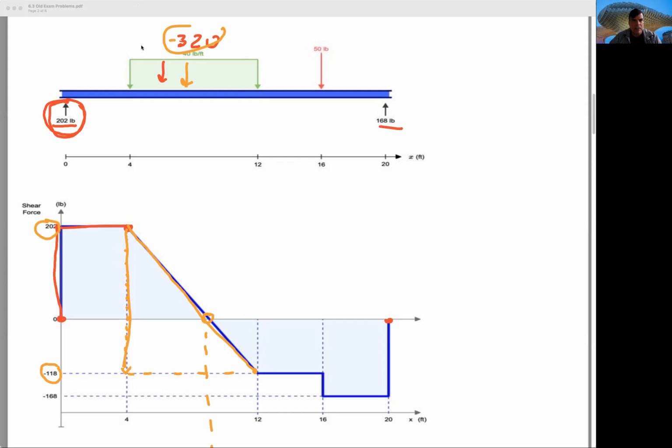I will do that in green color, and therefore I go with a straight line. Thereafter, we have a force that I will color code in red. We need to go 50 pounds down. We used to have 118 minus 50 because it's pushing down. We have 168. Finally, the last part in pink color, nothing happens.